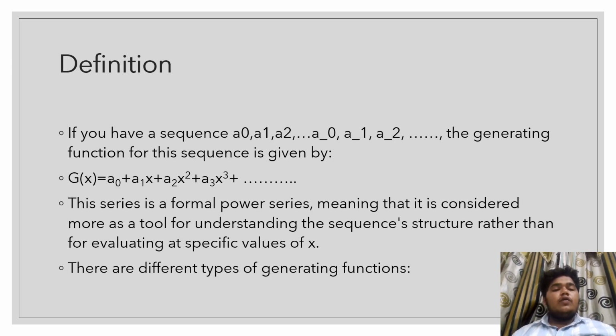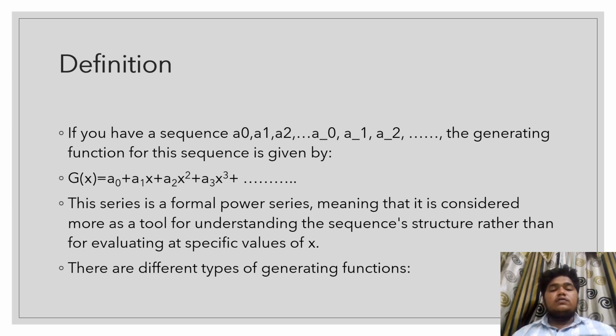Definition: if you have a sequence a_0, a_1, a_2, and so on, the generating function for this sequence is given by g(x) = a_0 + a_1 x + a_2 x^2 + a_3 x^3 + and so on.